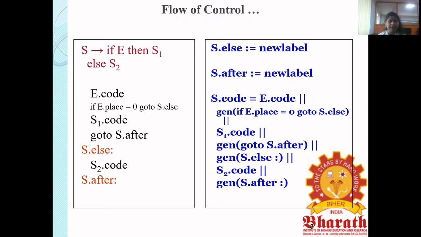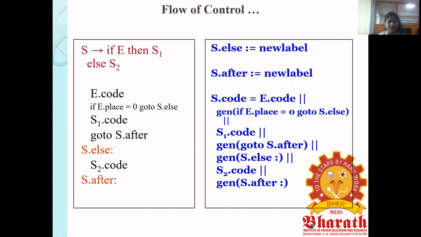It's the same on the right side. S.else is a new label, and S.after is also a new label. We are creating new labels for S.else and S.after. Next, we write the code for S.code, which is E.code. Then we generate: if E.place is equal to 0, go to S.else. Then S1.code, then generate a goto S.after.